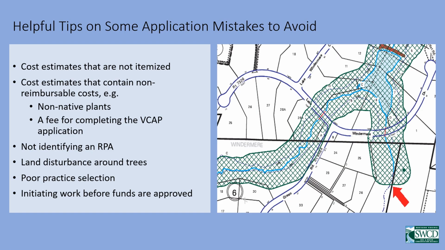Okay, just a quick run through of some mistakes we've seen and we hope that you can avoid. So cost estimates are probably the number one bugaboo. We too often get cost estimates that are not itemized, and it's really important for a successful application to have an itemized cost estimate.